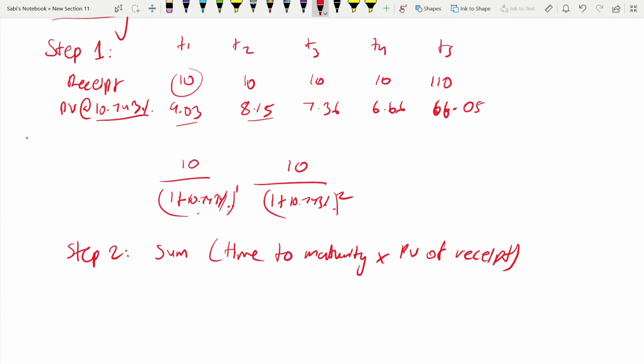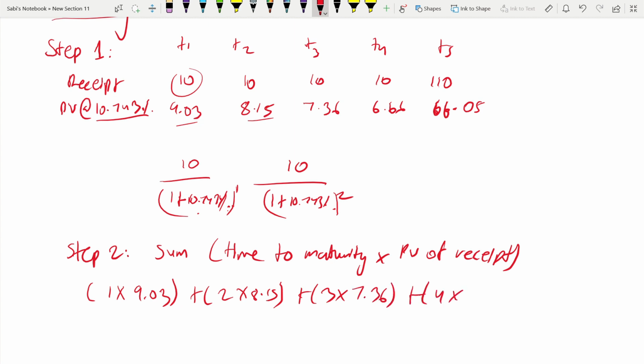So 1 means just the year. First year, present value is 9.03. Second year, 2 into 8.15. Third year, 3 into 7.36. Fourth year, 4 into 6.66. And the fifth year, 5 multiplied by 66.05.